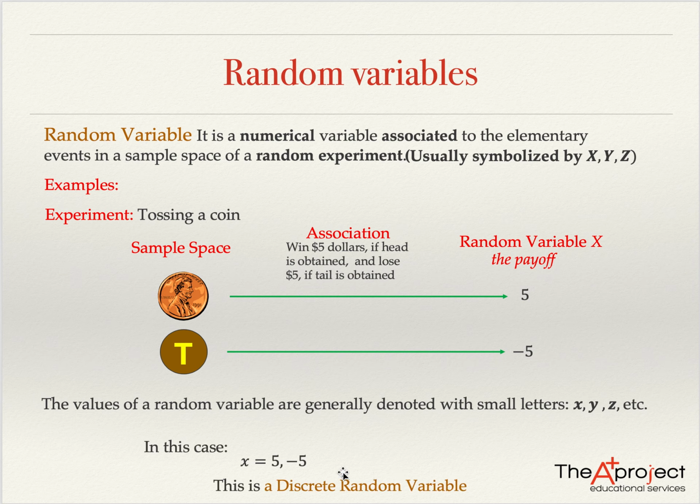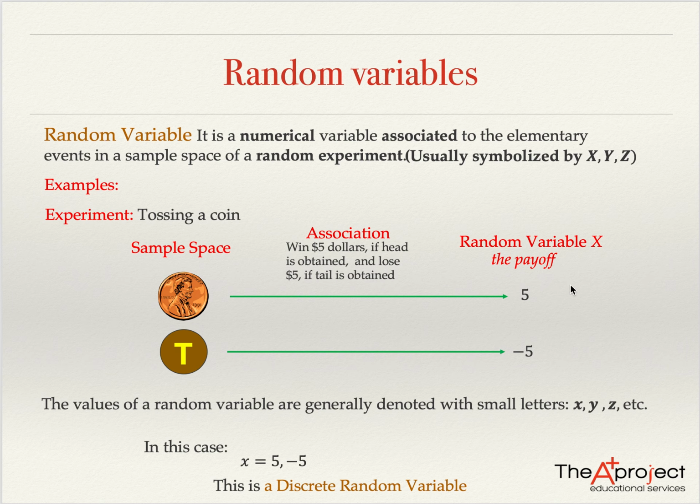So in this case, we have a random variable with two values. The x can be useful to represent 5 or to represent -5, whatever. Or you can use x to represent one and the small y for the other, whatever.